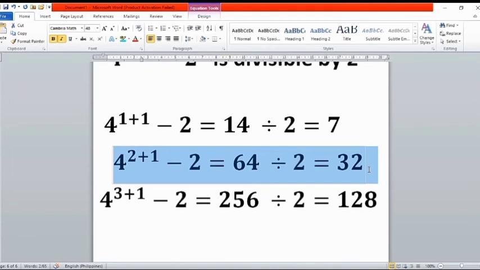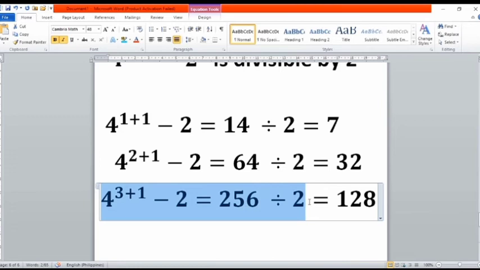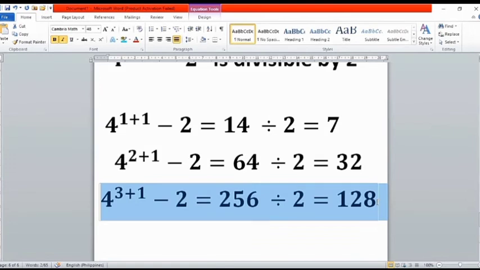Then it is also divisible by 2. Let us proceed to number 3. Then 4 to the power of 3 plus 1 or 4 to the 4th power minus 2 is equal to 254 divided by 2 is equal to 127. Then it is also true and it is also divisible by 2.